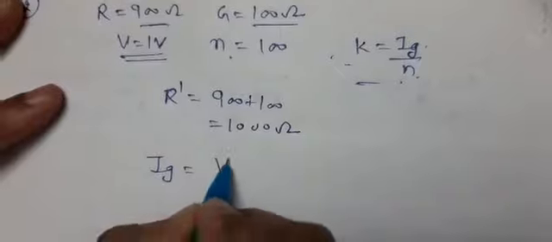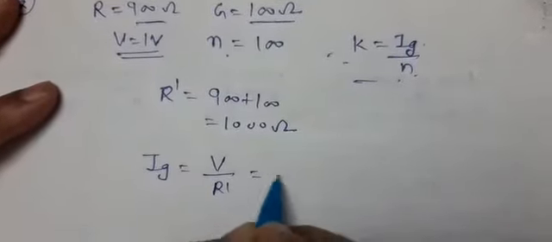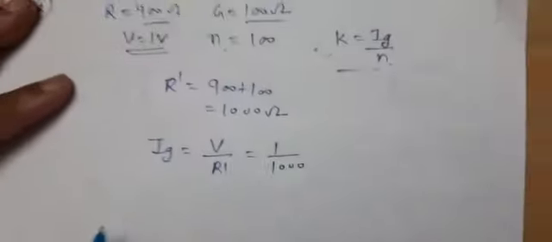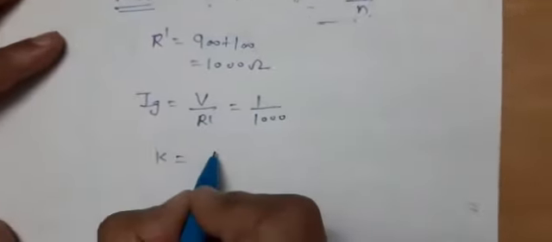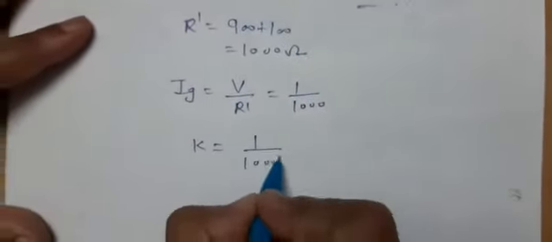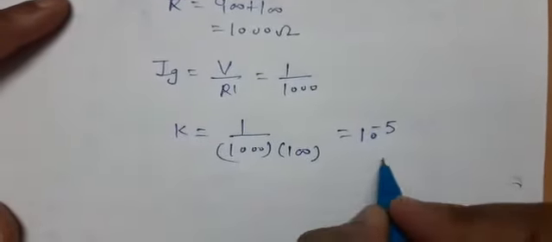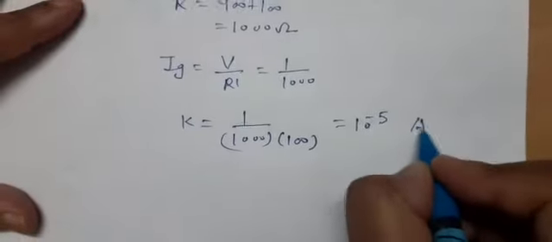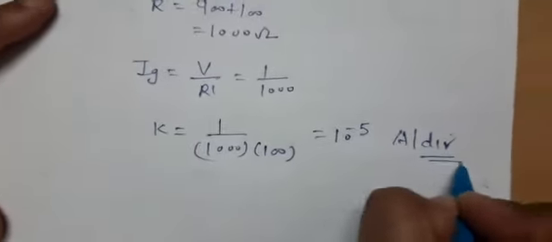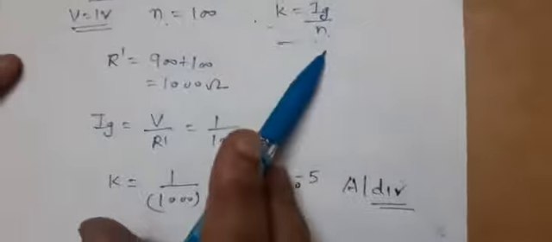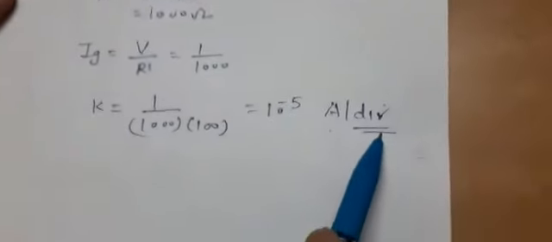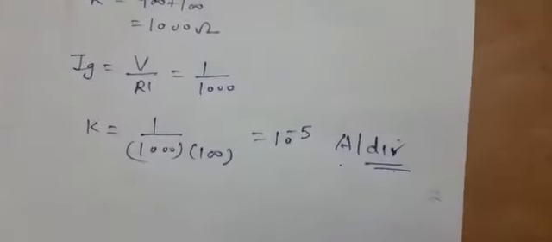This will be equal to V upon R dash, that is 1 upon 1000. So K will be equal to 1 upon 1000 into N. N is 100, so it will be 10 raised to the power minus 5. So this much ampere per division, because its formula is Ig upon N, so unit will be ampere per division.